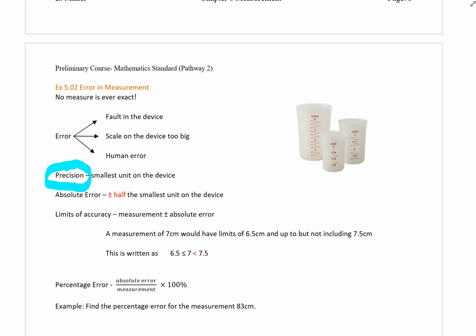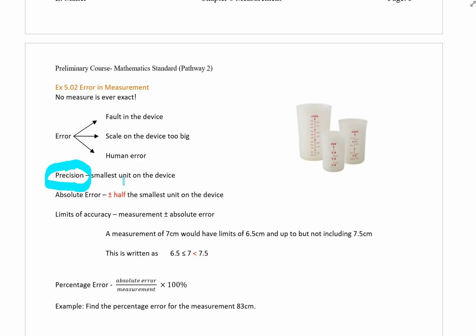One edge of your ruler might have the smallest unit as centimetre, and then the other edge has the smallest unit a millimetre. So that's what we mean by the smallest unit on the device, precision.